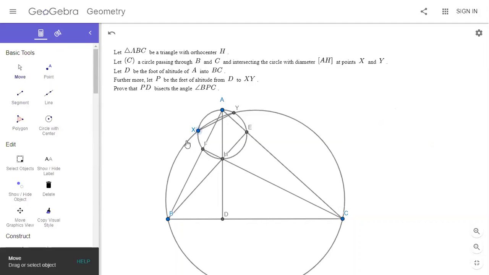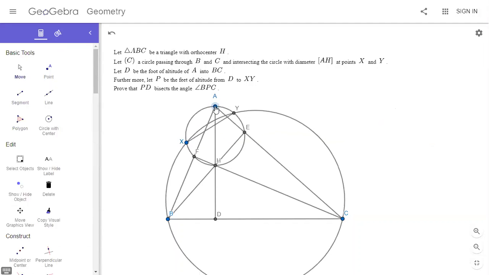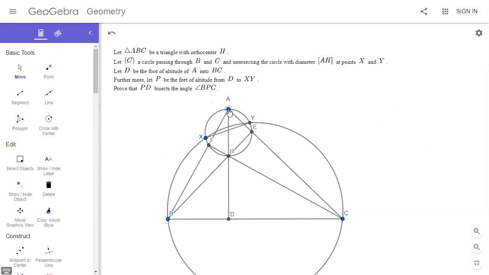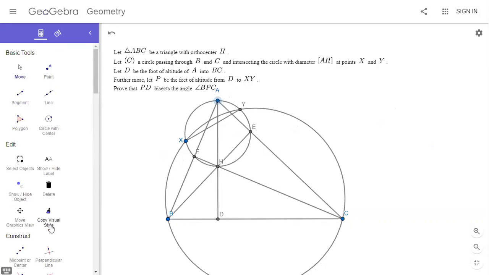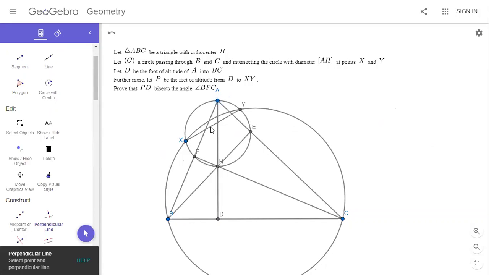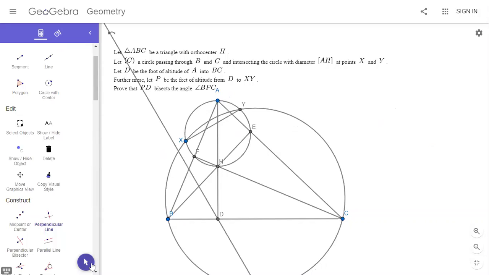So I'm going to change things around a little bit just so it looks better. Perpendicular from D to XY. I'd like it to lie on XY if possible. Let's see if we can make it lie on XY.